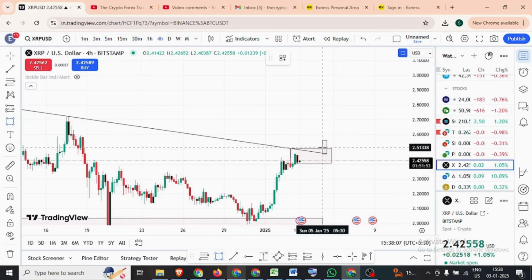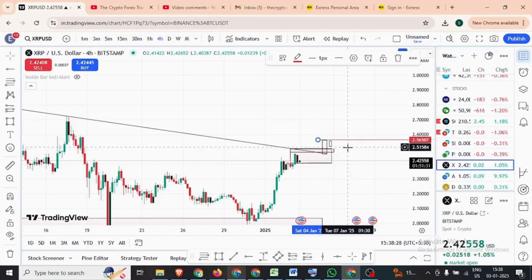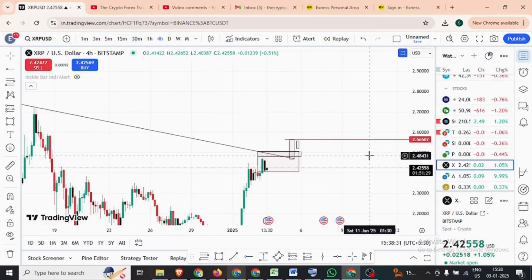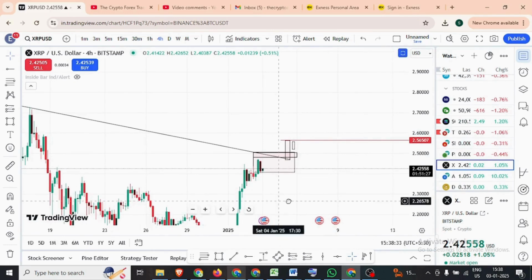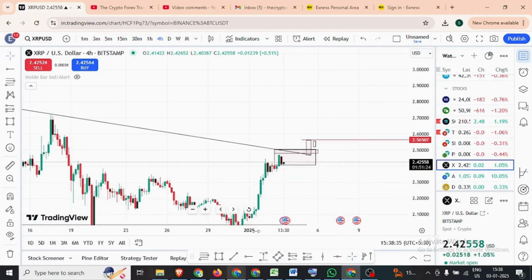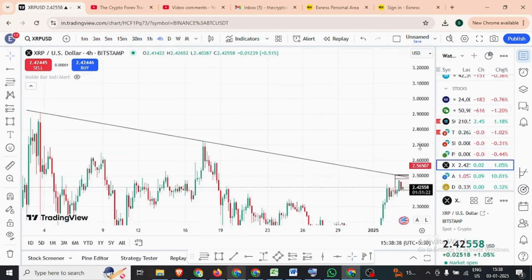If the market gives a breakout of this trend line and this consolidation, then we will enter into a trade after the breakout when the market forms the inside bar. It can be here as well, right? Okay, now you will enter like this if it creates this scenario. I'm just planning a trade as per my predictions and my analysis.